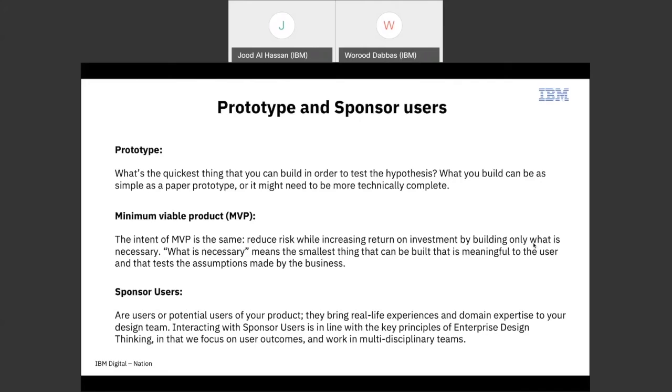Because we want to reduce the risk. We don't want to invest so much in our solution, or we don't want the solution to cost us a lot, because this might not actually be very helpful to our users. So we want to test it first. We want to see if it's actually good or not. Is it serving the necessities of our audience or not?